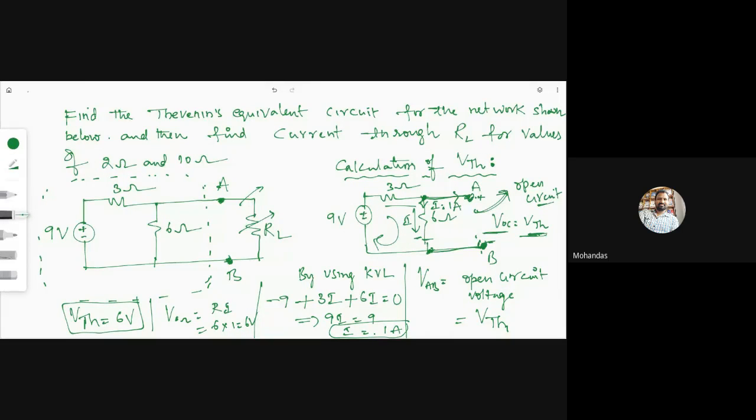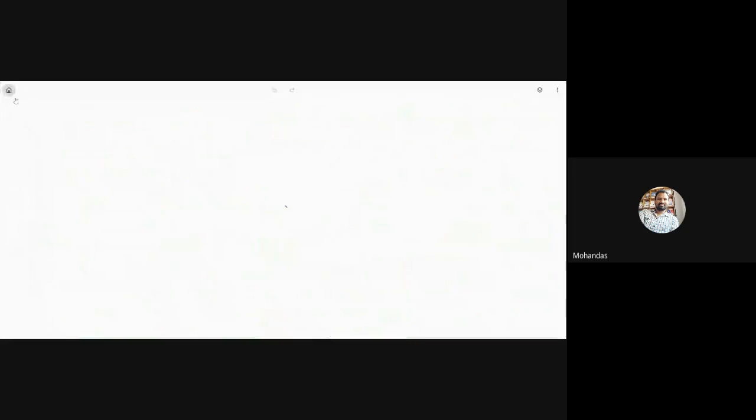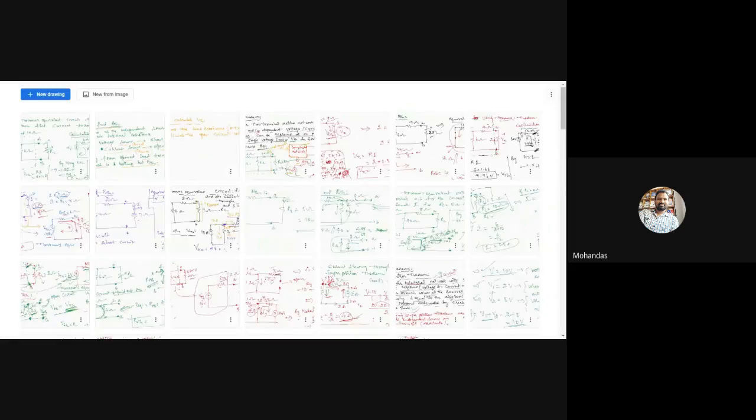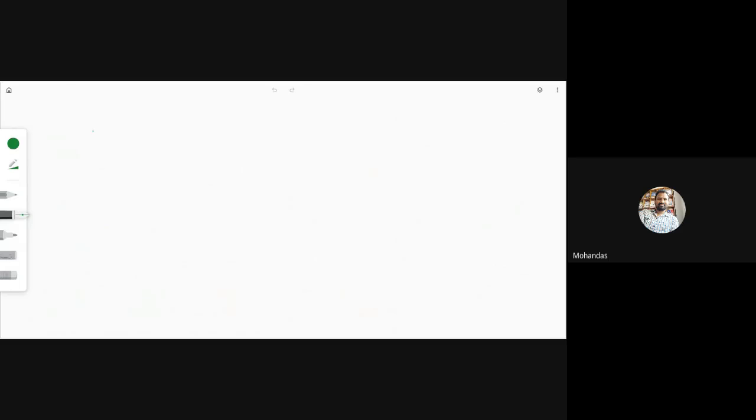Take the same problem and we are going to calculate the R Thevenin. Because the Thevenin equivalent circuit is what? V Thevenin in series with the R Thevenin. Now, calculation of R Thevenin.